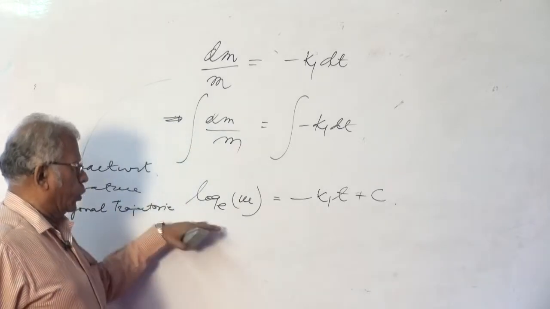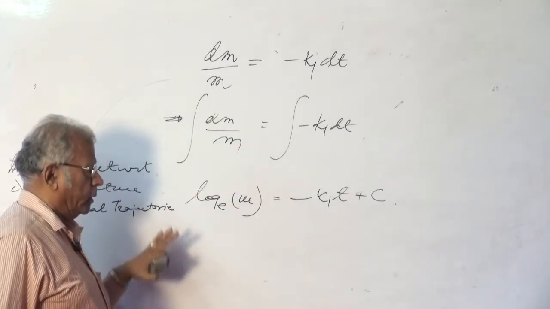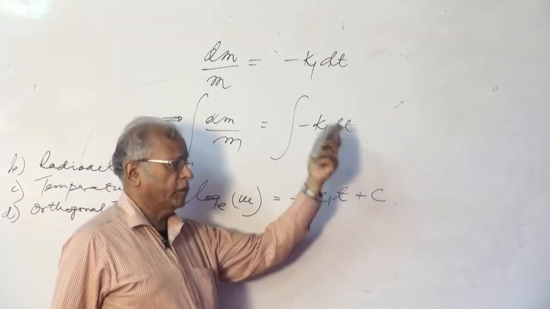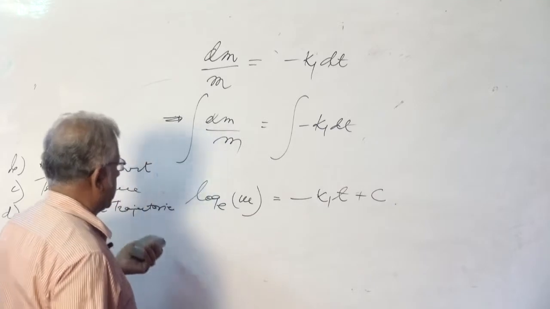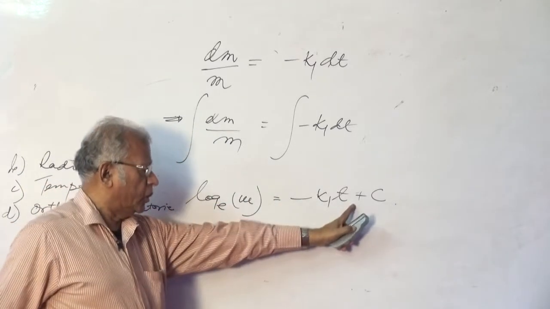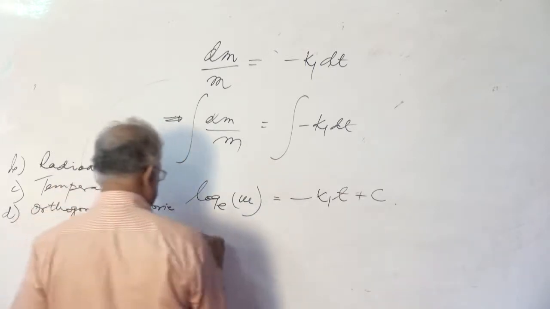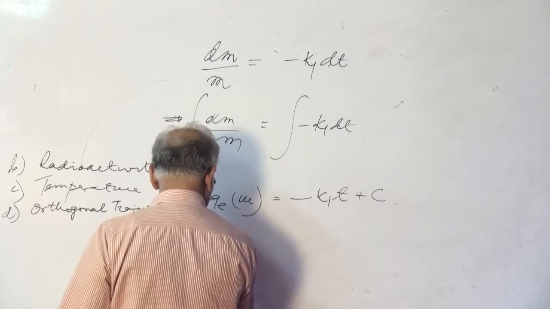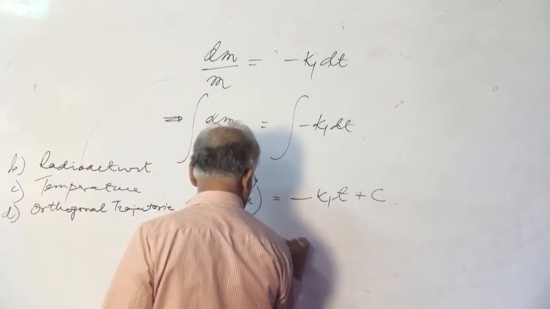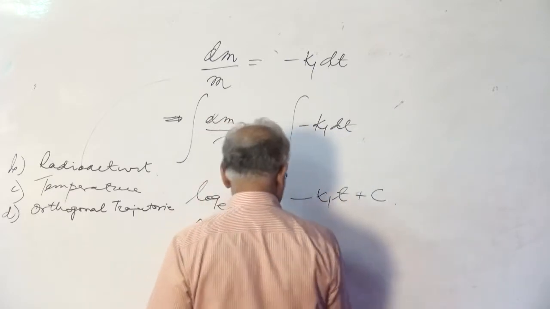Now this is the solution of the very simple differential equation that we had written. We just have one task left, and that is to find the value of c from the initial conditions. When t is equal to 0, the value of m is m naught. So putting those values, we get log base e m naught is equal to c, since for t is equal to 0 the term will vanish.